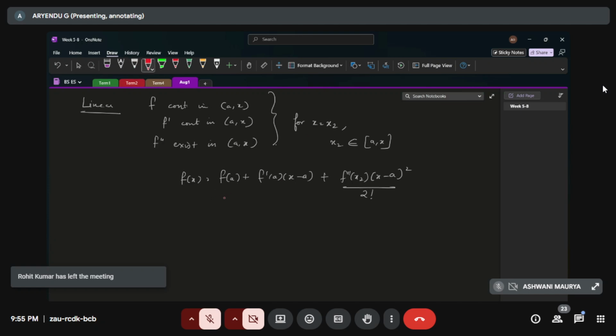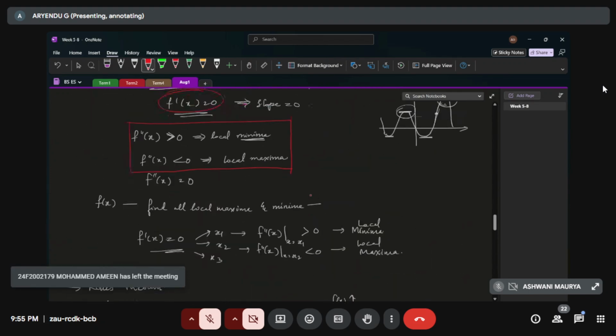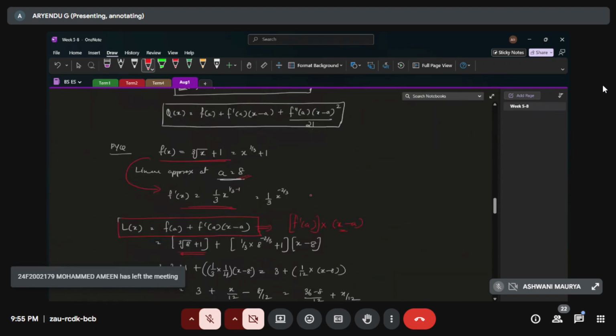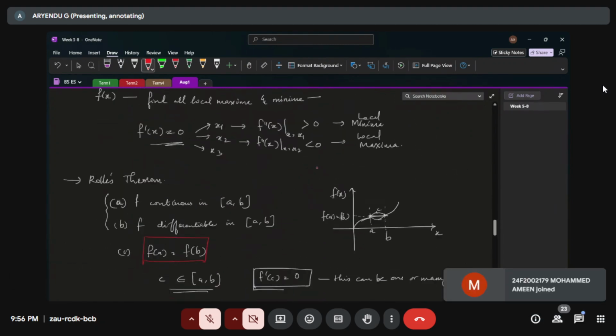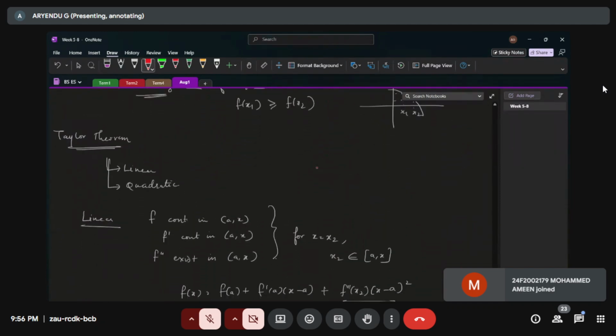So this part we all saw earlier. It is the linear approximation. But this is likely to have errors, and that is how the Taylor theorem was introduced.